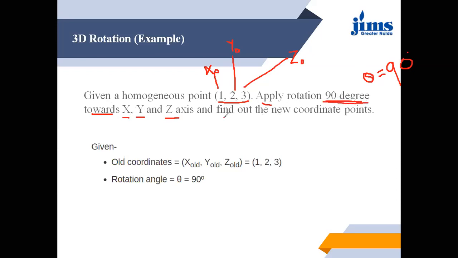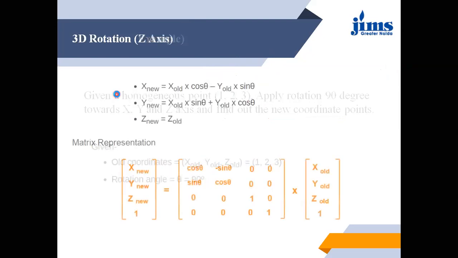And we have to find out the coordinates of x new, y new and z new. So these are the things given to us: x old, y old and z old are 1, 2 and 3 respectively, and the rotation angle theta is 90 degrees towards the x, y and z axis.